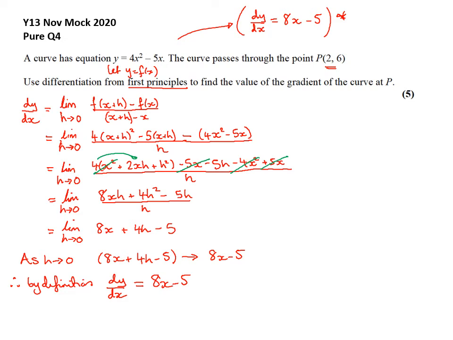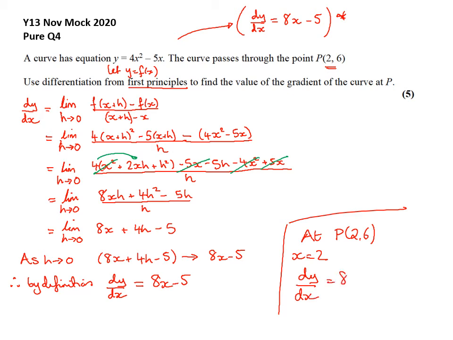Then to answer the question, so at the point P (2, 6), I've basically got x equals 2 and plug that in. dy dx is 8 times 2, take away 5, 16 take away 5 is 11, 5 marks.